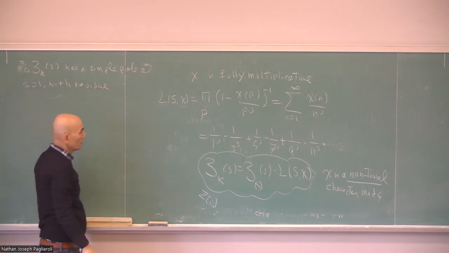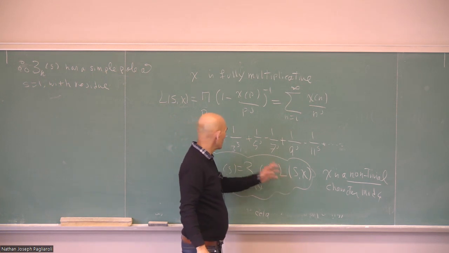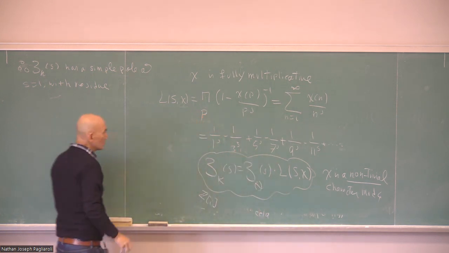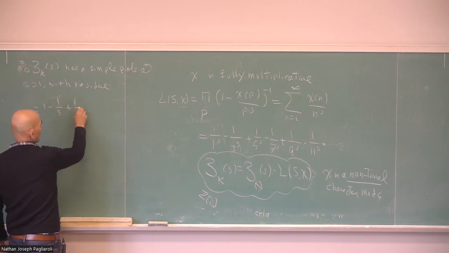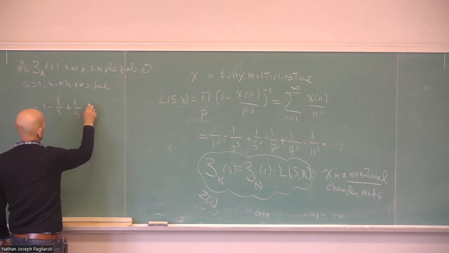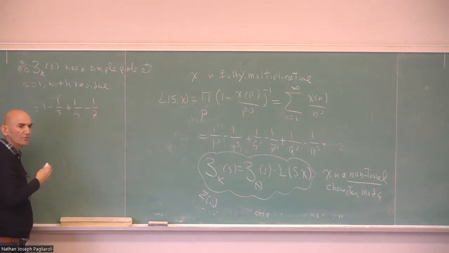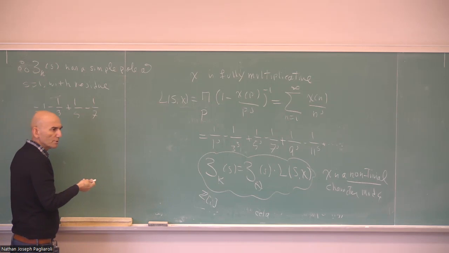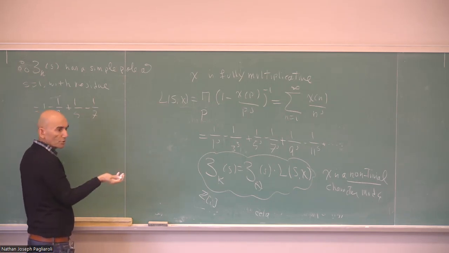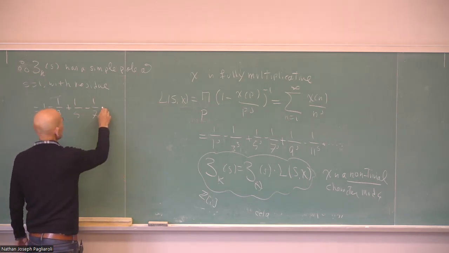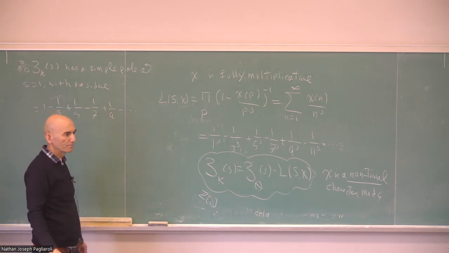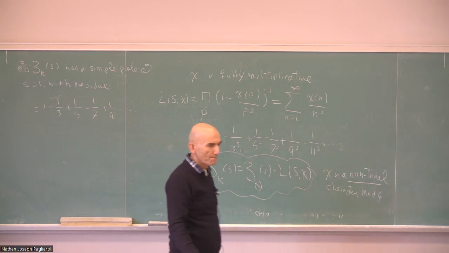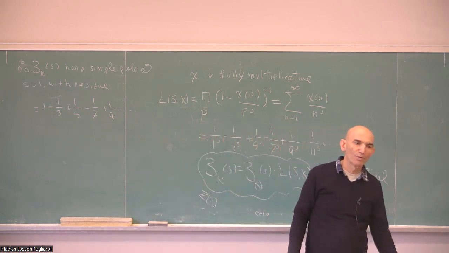Well, the residue we can compute. The residue is this number, equal to 1 minus 1 over 3 plus 1 over 5 minus 1 over 7. This is just the alternating sum over all odd numbers. All odds. They're not primes, they're just odd numbers. Plus 1 over 9. This is the residue. Have you seen this number before?